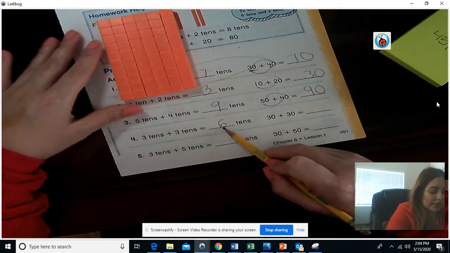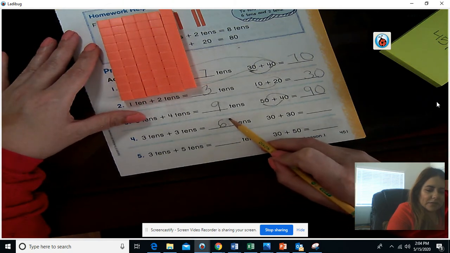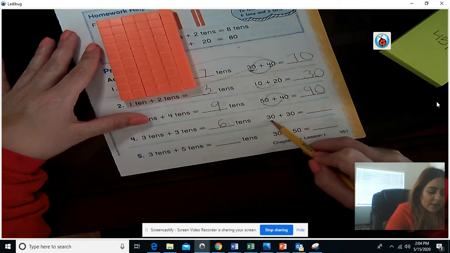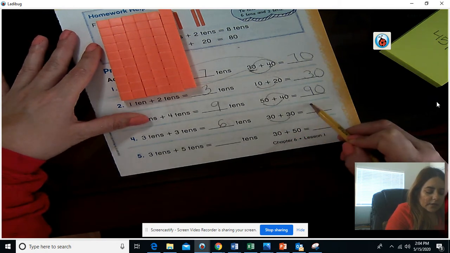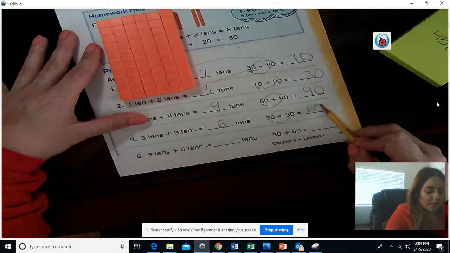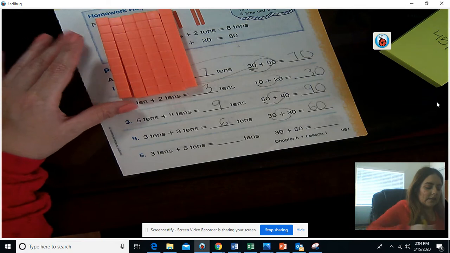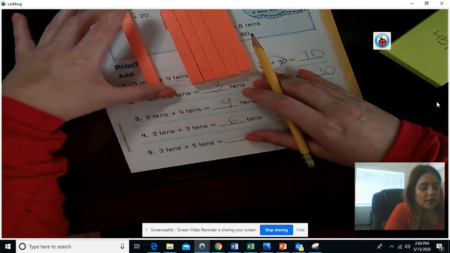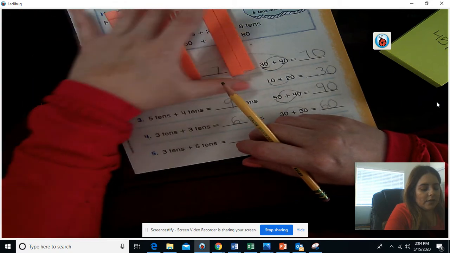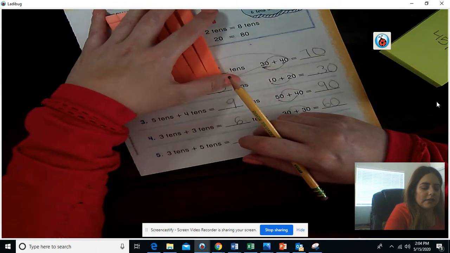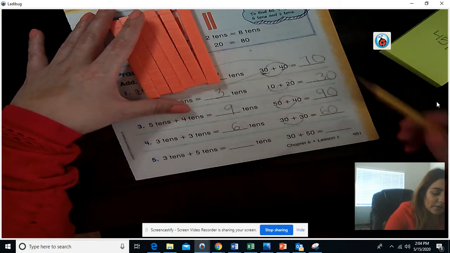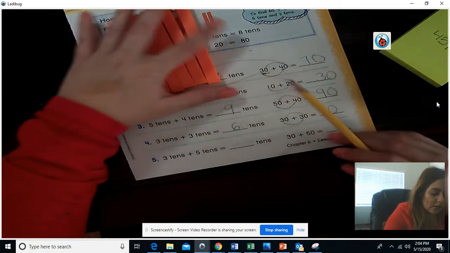If this is 6 tens, all we're going to do is add a 0 over here. 3 plus 3 is 6. 0 plus 0 is 0. And let's make sure that we have 60. So we have 10, 20, 30, 40, 50, 60. So yeah, if I were to count every single square, I have 60 little squares.